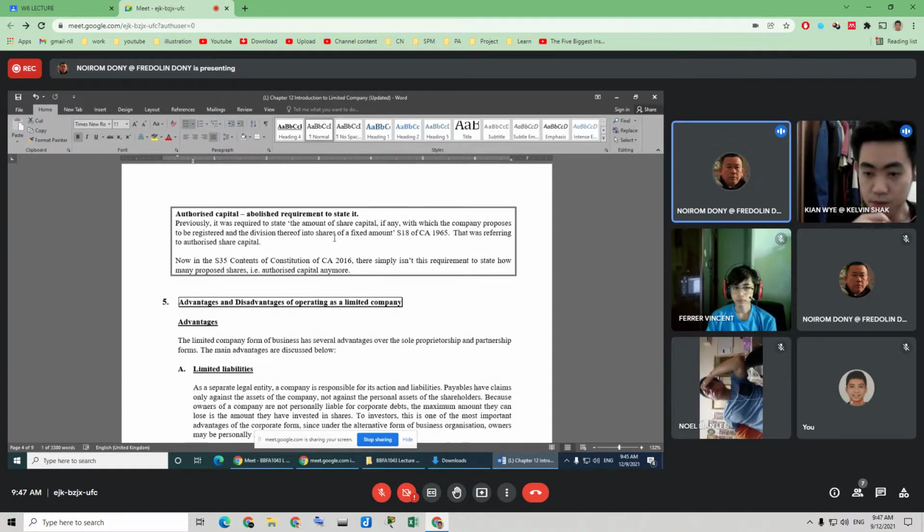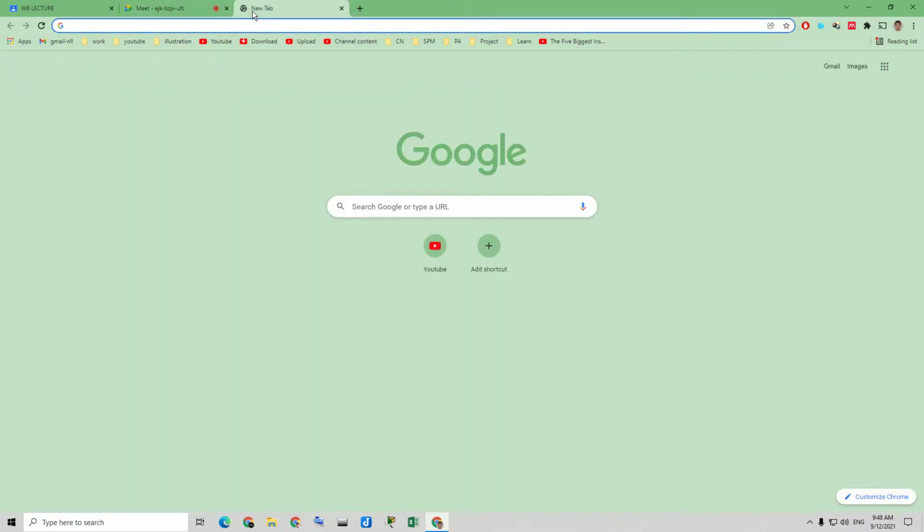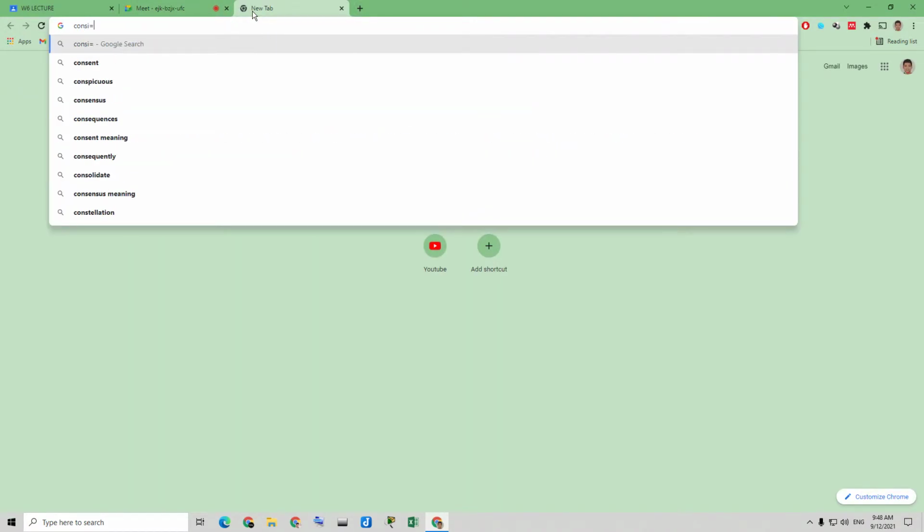They don't want to jeopardize their reputation, so they have to ensure all these are being observed. The public can still check all these things. Actually, public companies are required to publish the financial statements, so anyone can access even the constitution. Last time we had to do the memorandum and articles of association, but now companies are not required to do that.